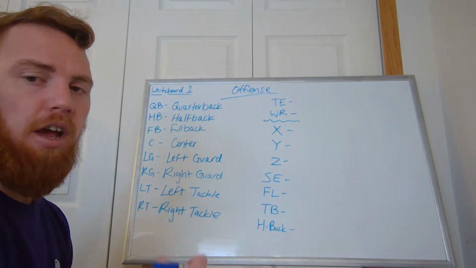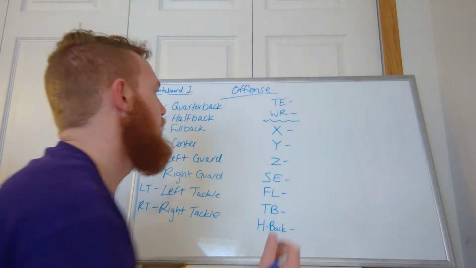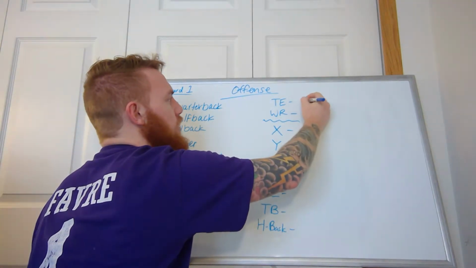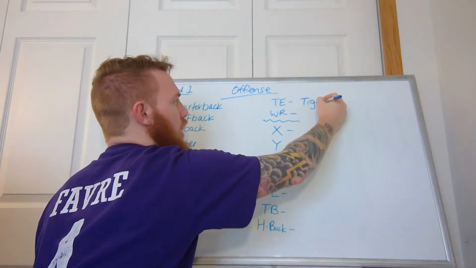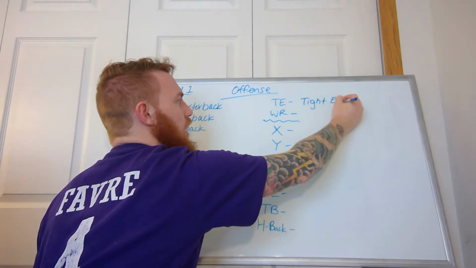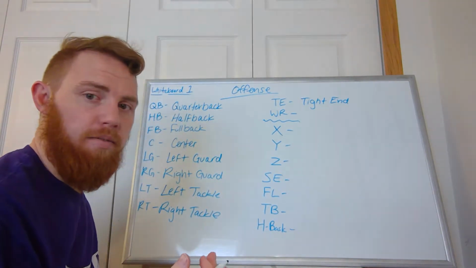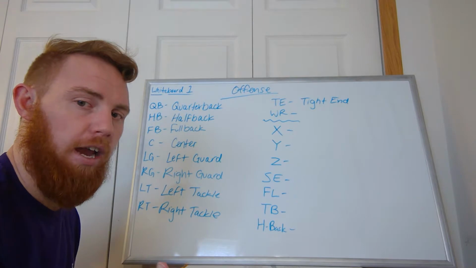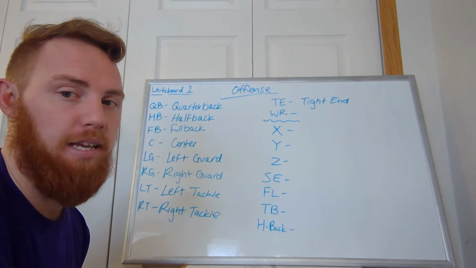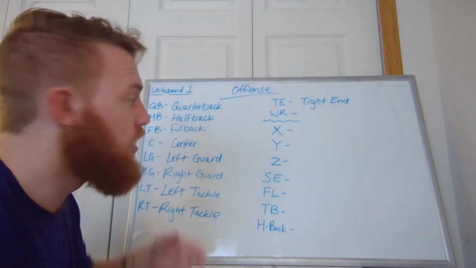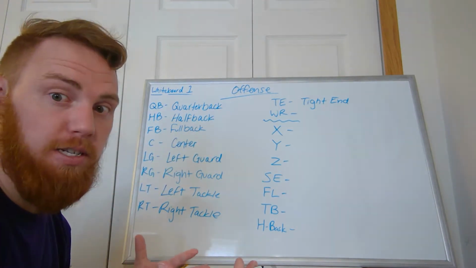Then you're going to see other positions on the field as well. You have the TE, which is a tight end. A tight end can either be a blocker, like an extension of the offensive line, or a tight end can be a pass catcher, like a wide receiver. Which brings me to WR, the wide receiver.